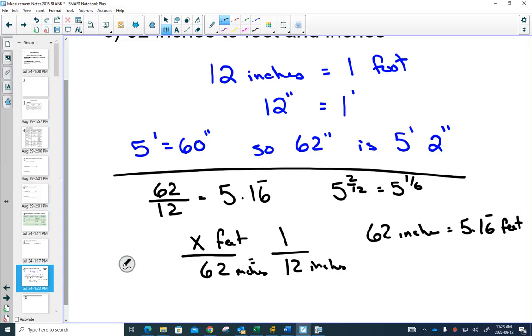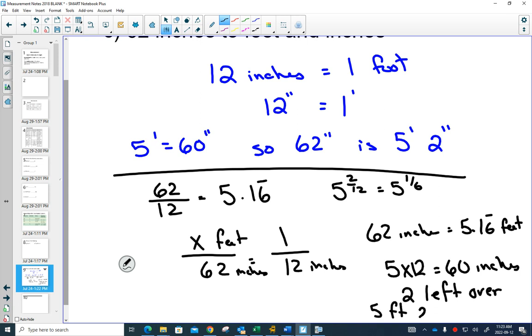If you did this method, I would then say, well, 5 full feet times 12 is equal to 60 inches. And then if I had 62, that leaves me with 2 left over. So my answer becomes 5 feet, 2 inches.